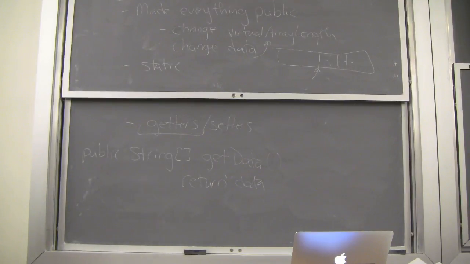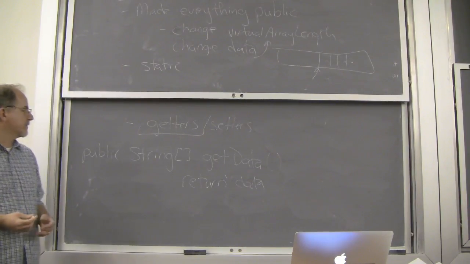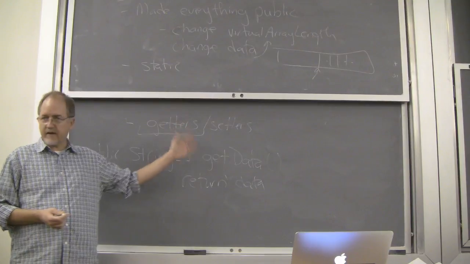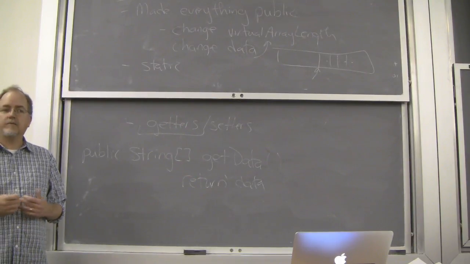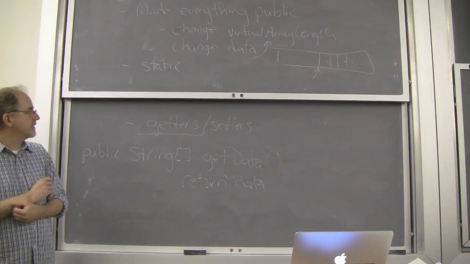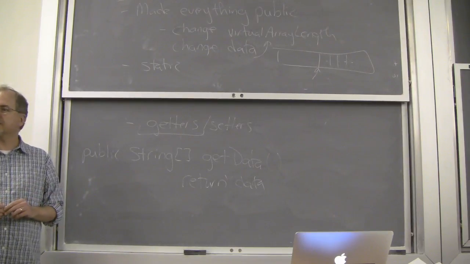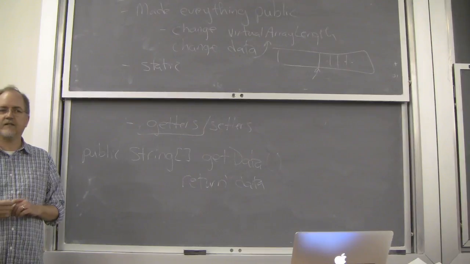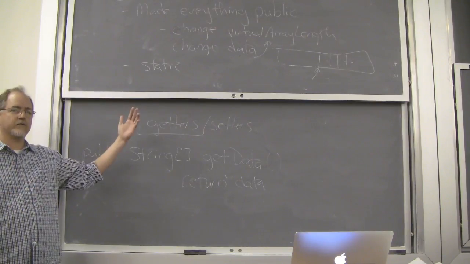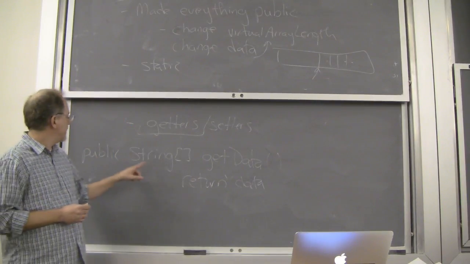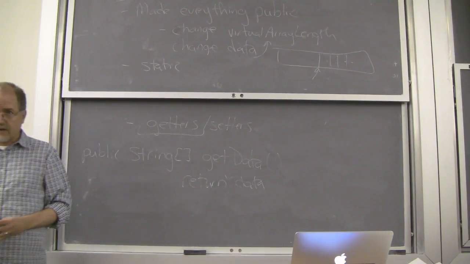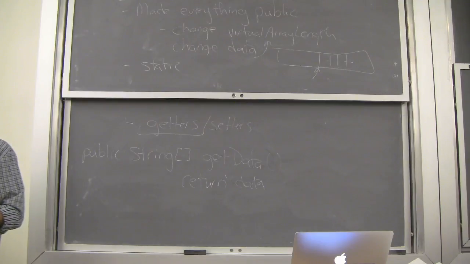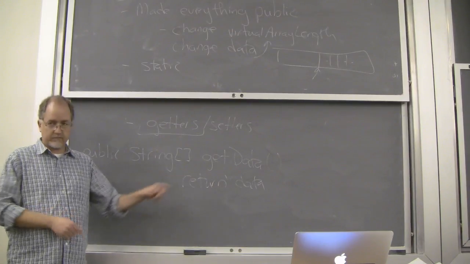And sometimes we want to get a name or get an ID or something. And so some people just start making getters for everything. And in fact, there are development environments, Eclipse included, that say, make me a getter for all my instance variables. And it's very easy to check that box, and it dumps out all this cool code, and your class is like two-thirds done, and you feel good about it. But here, I'm making a getter for data, which is one of our instance variables. And it seems like a cool thing, right? Why not provide access to it? What's wrong with this then?